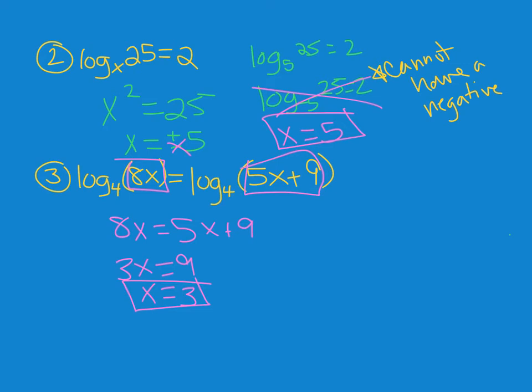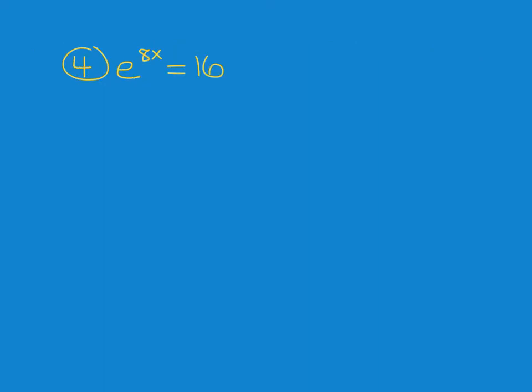These types of problems are really, really common for giving you no solution. So just be careful on this. If you put 3 back in, you do get log base 4 of 24 equals log base 4 of 24. We may not know off the top of our head what log base 4 of 24 is. It probably requires a calculator, but those are equal, so we're good on number 3.